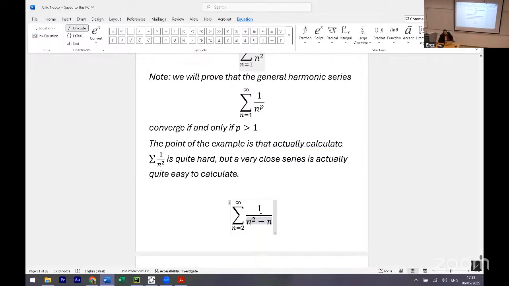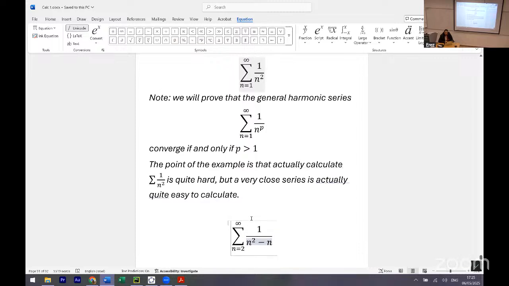And what is the connection between this series and that series? I mean comparison. Which is bigger, this or this?